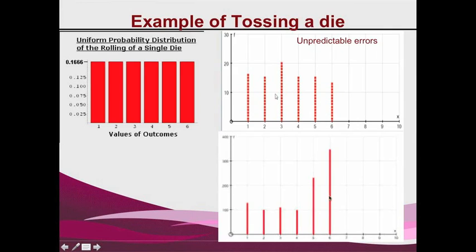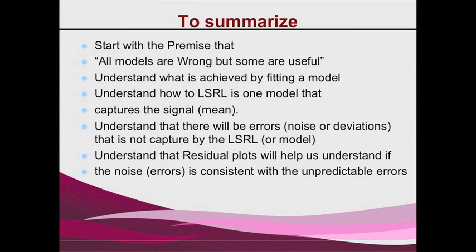So understanding this is always very important, and the main point of this part is that in residuals we're trying to understand whether those observed errors match some unpredictable errors. To summarize this part, we start with the premise that all models are wrong but some are useful.